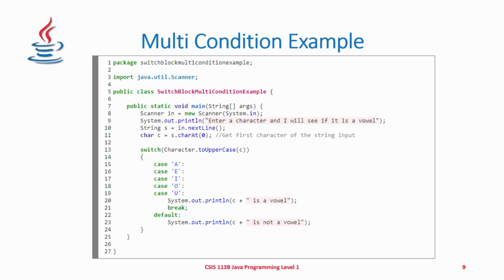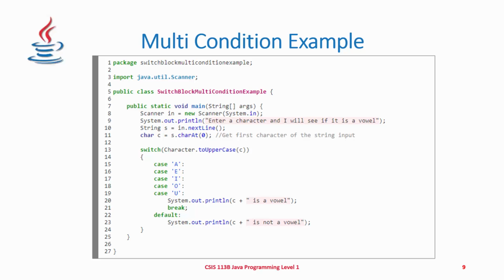In other words, grab the first character from the string, convert it to a char, and then assign it to our char c. So it's Char c then, and notice it's toUpperCase that we're using there. So it's Character dot the method toUpperCase with our c in there, the value we want to convert to uppercase. That way we didn't have to have a case for the lowercase vowels in here. We just had to have cases for the uppercase vowels.